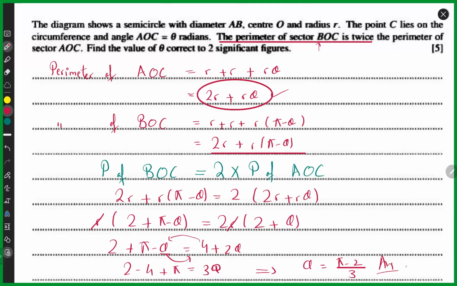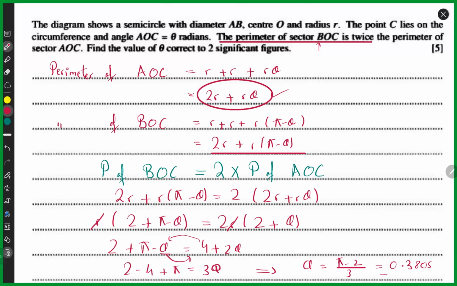Okay, this is what I was talking about the other day. But if it says correct to two significant figures, it clearly means that you need to plug in these values in your calculator and just see what exactly you're getting. So let's just do that. It's pi minus 2 divided by 3. And this is giving me 0.3805.